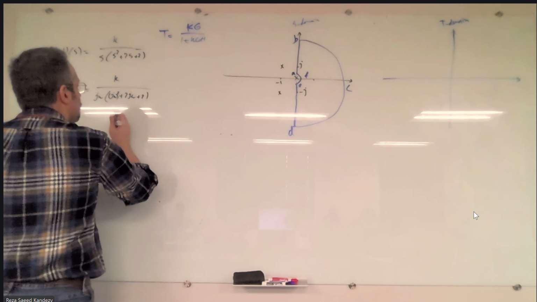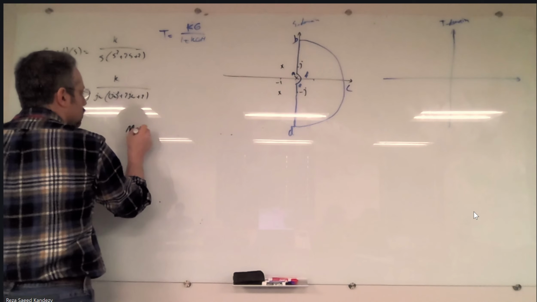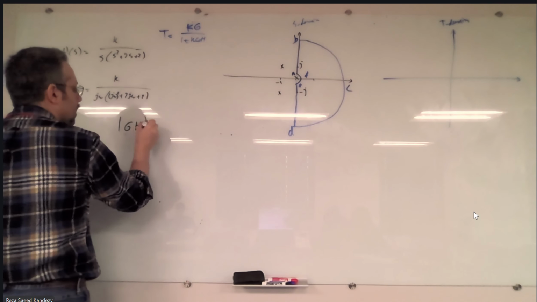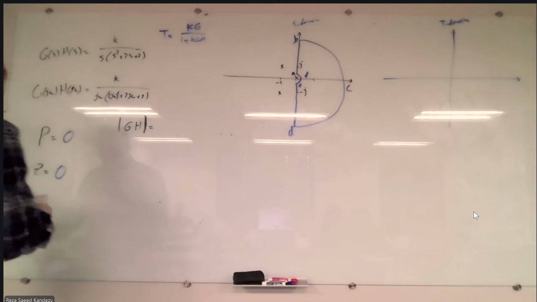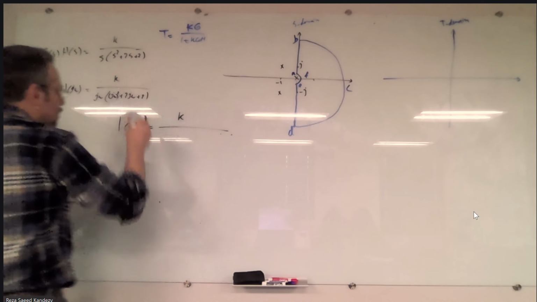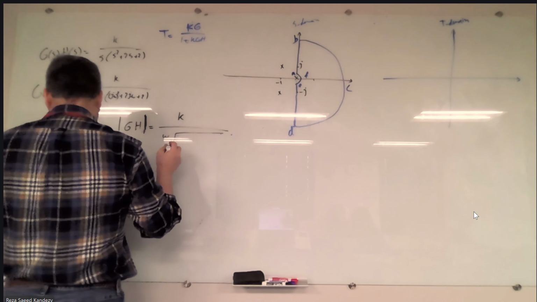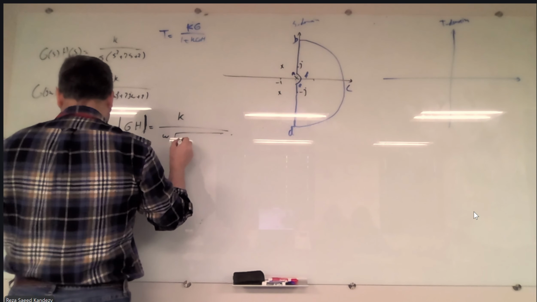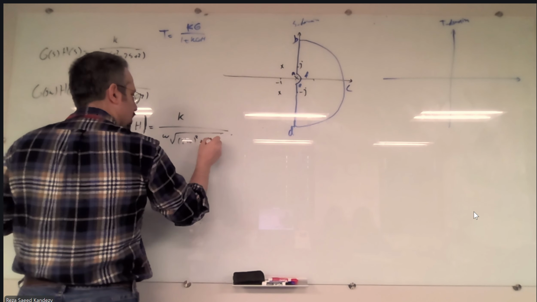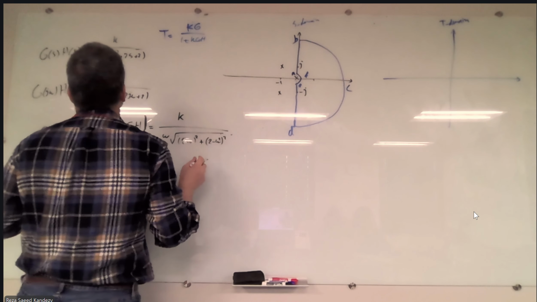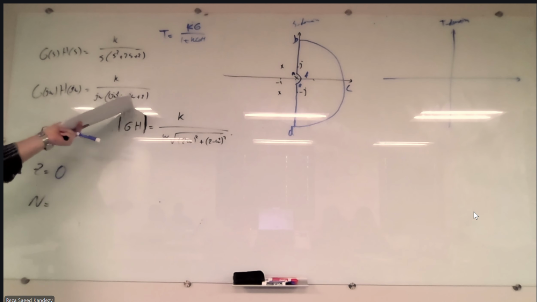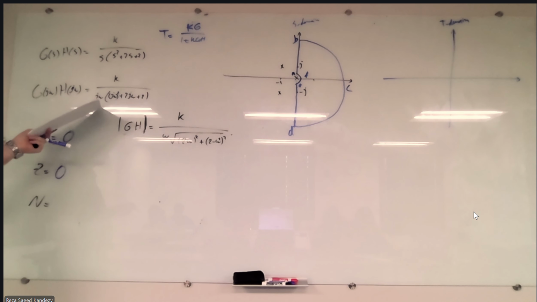So, based on this one, the magnitude of GH is going to be K divided by omega times the square root of (2 minus omega squared) squared plus (2 omega) squared. Are we good? This is simply the magnitude of this second order term, and this one is the magnitude of this outside term.